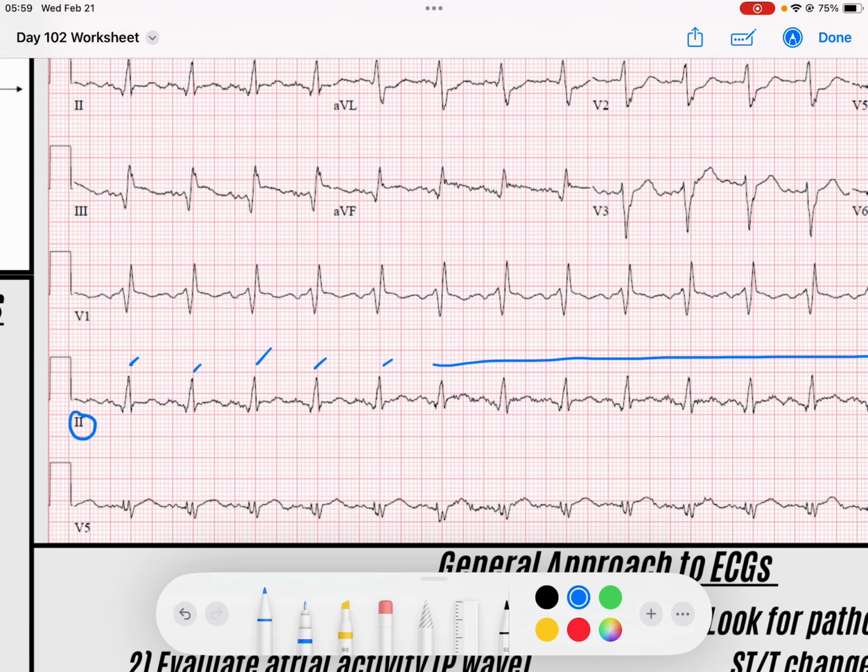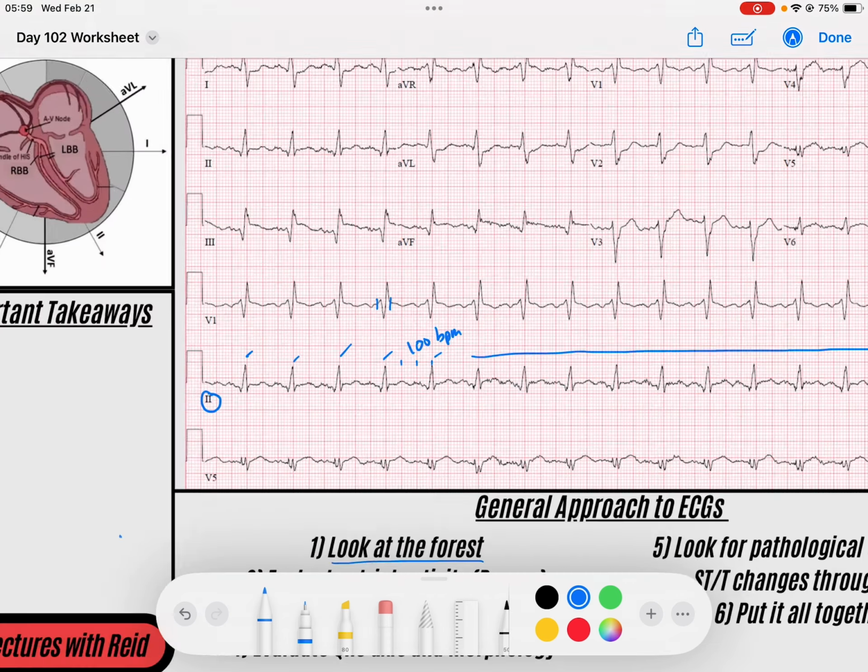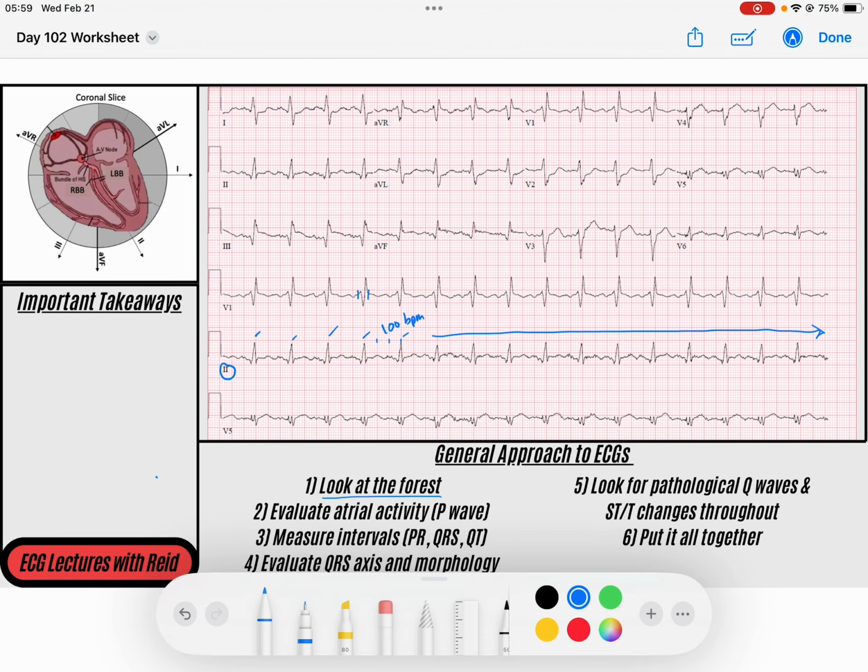It appears to be a wide complex rhythm, but it's regular at a rate of roughly 100 beats per minute, right? It's about three big boxes from each other. So we've got a regular complex tachycardia here.